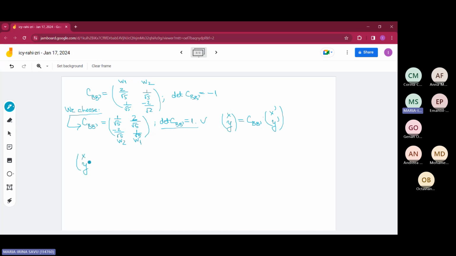So in our case, x is x prime plus 2 over square root of 5, and y is minus 2x prime plus y prime over square root of 5.